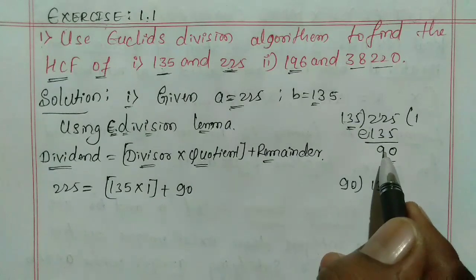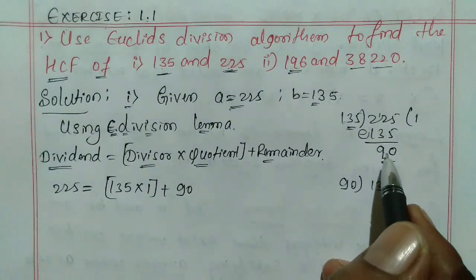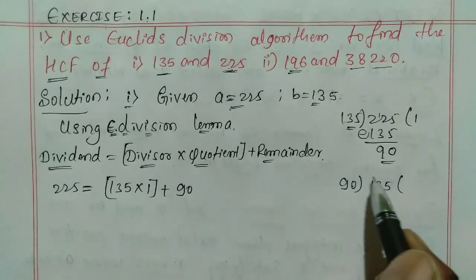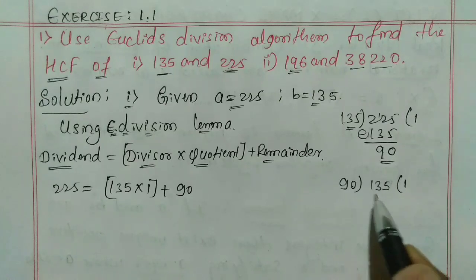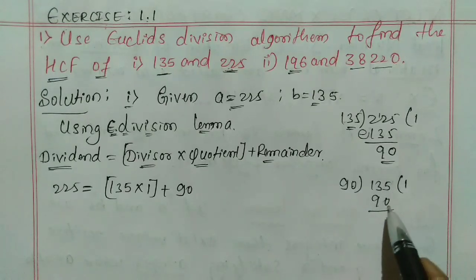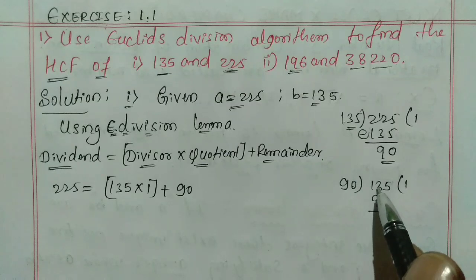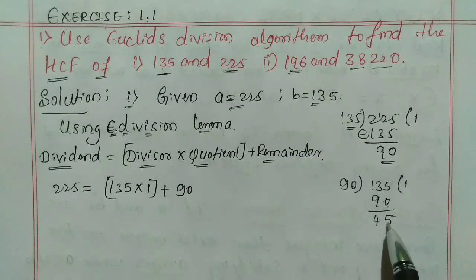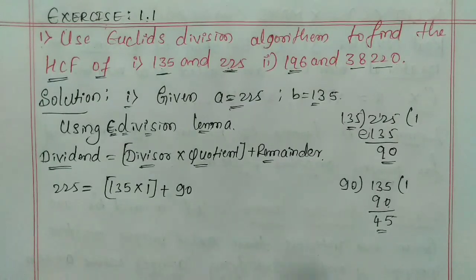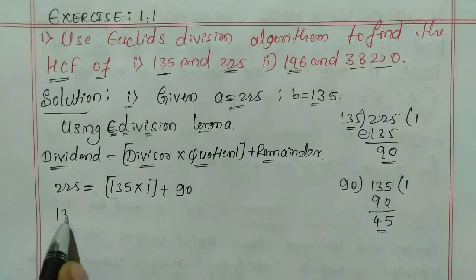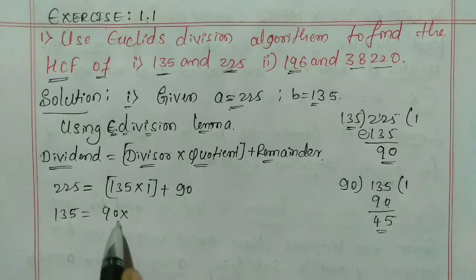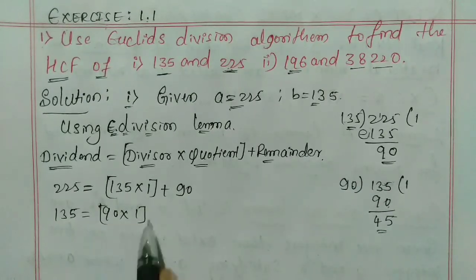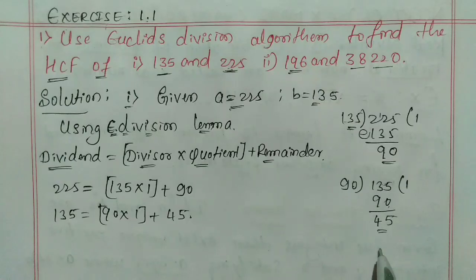Divide the divisor by the remainder: 135 divided by 90, 90 ones are 90, and 135 minus 90 gives remainder 45. So the dividend is 135, the divisor is 90, into quotient 1 plus remainder 45.